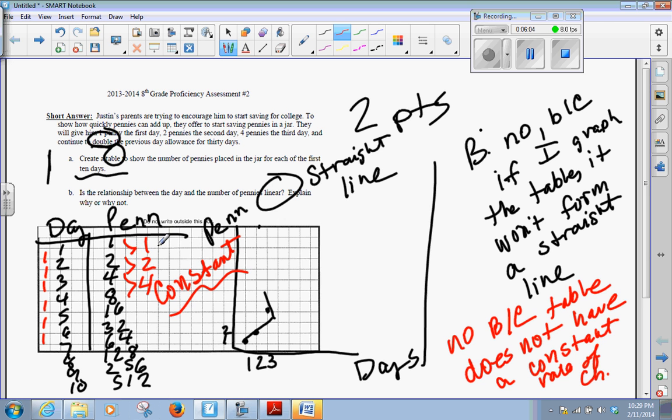From 2 to 4, that's going up by 2. So you have to be able to add the same number every time for a constant rate of change, not multiply. So for part A, this is what your table should have looked like. For the second part, you should have said, no, it's not linear, for either of these two reasons. Either you graphed it and it doesn't form a straight line, or you do not have a constant rate of change.